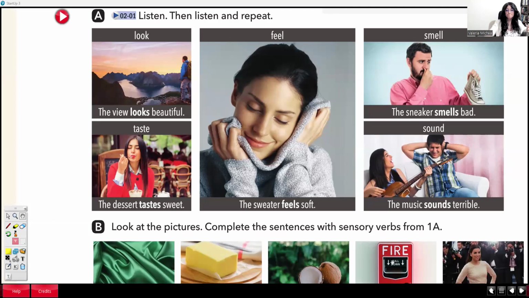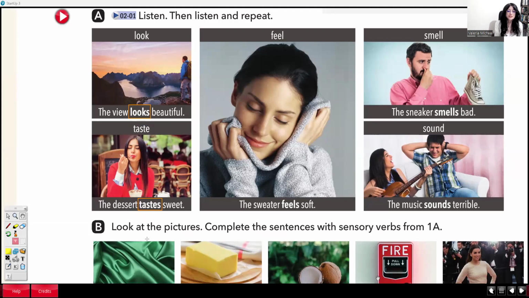So now let's go back. We were talking about the senses. And we were talking about the sight. Looks. It looks beautiful. Then we were moving on to tastes. So the dessert tastes sweet.